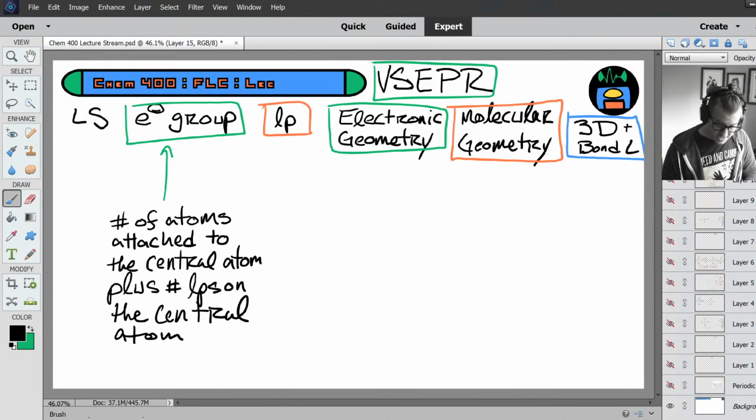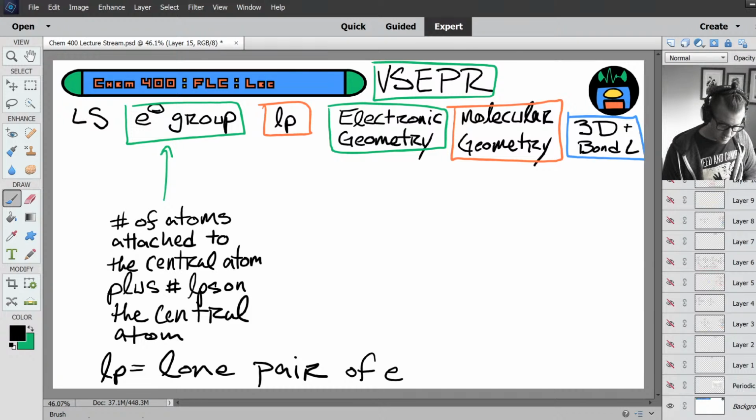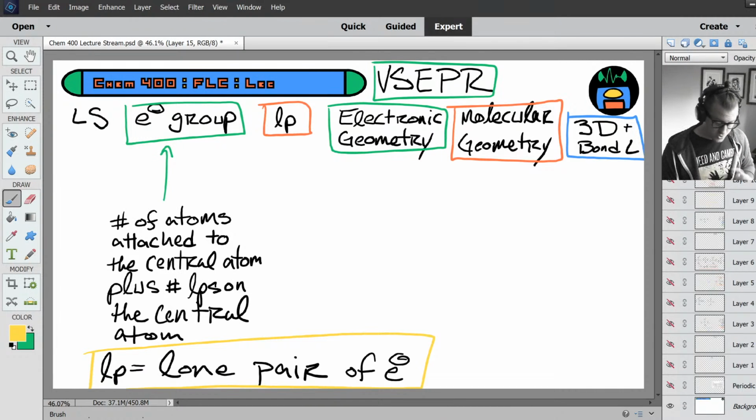Just to be clear, when I write LP, that means lone pair of electrons. So that is what the number of electron groups is: the number of atoms attached to the central atom plus the number of lone pairs on the central atom.